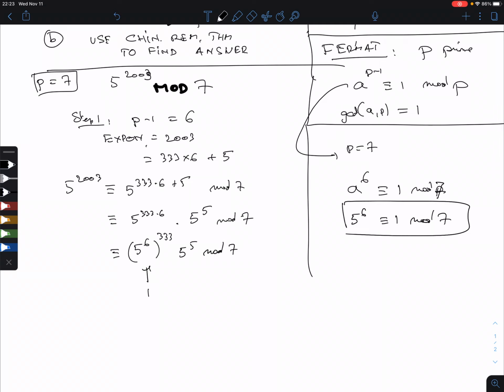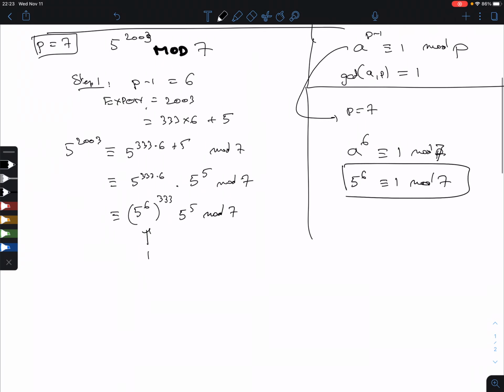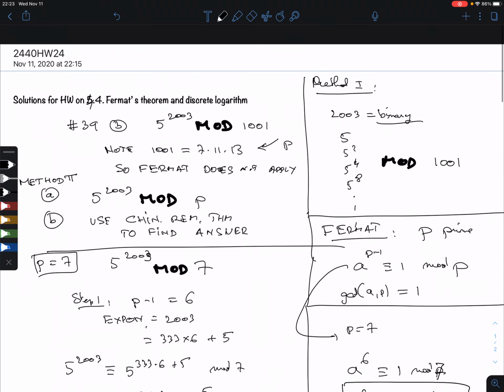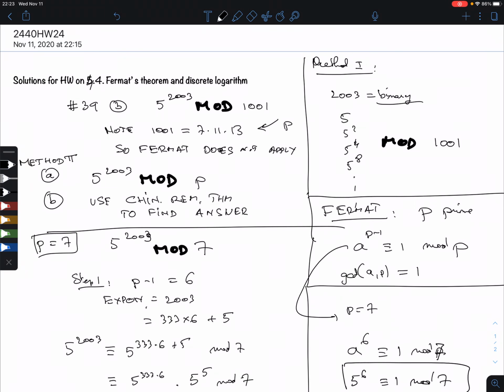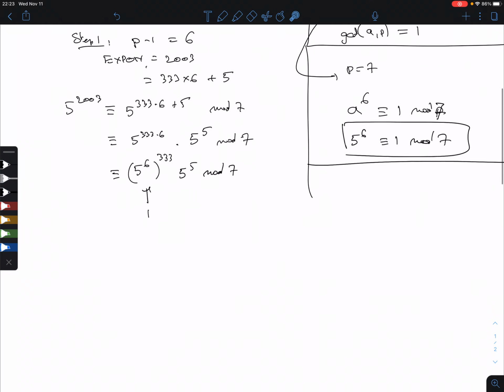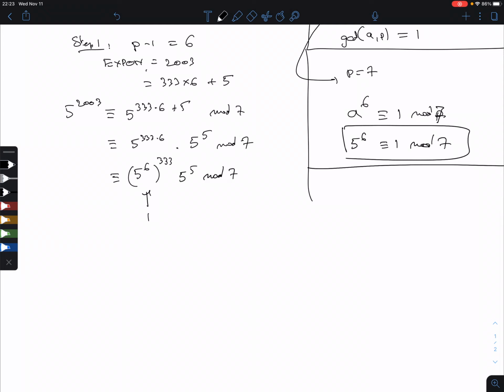5 to the power 5 mod 7. And now we can use our other method, which is now much shorter because we're dealing with much smaller exponents. Sometimes, well, 5 to the 5, I think the calculator actually lets you do this, so you can calculate it right away. But let's just show you how it works.